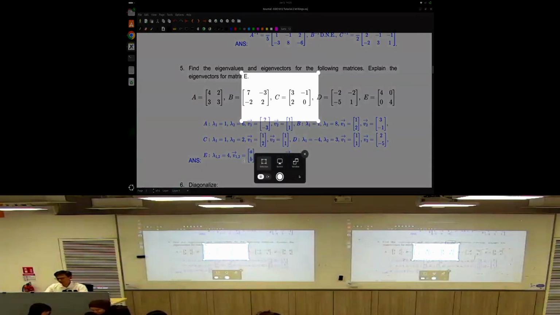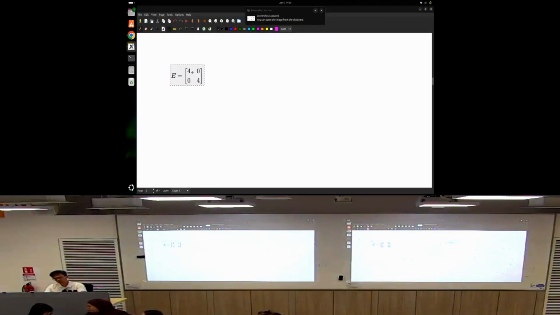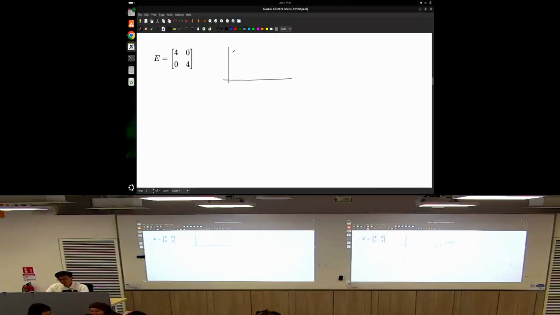Because E is a pure scaling matrix. The deal with the pure scaling matrix, in this case 4, 4 at the diagonals, is that the linear transformation just scales up your i vector and your j vector by 4 times.